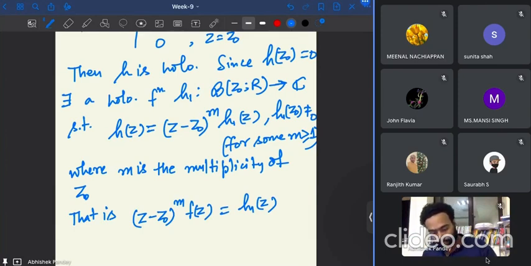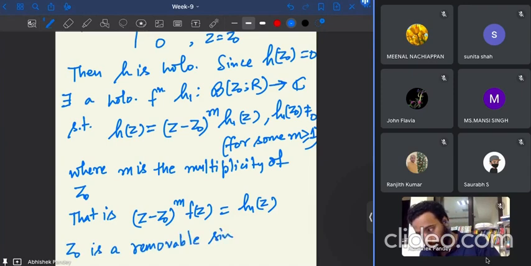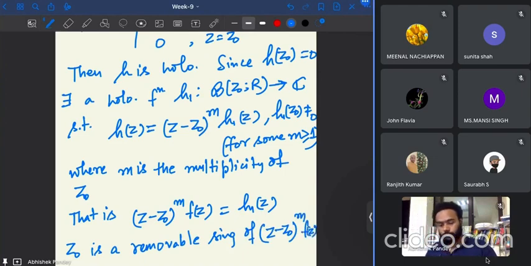It means that z naught is a removable singularity of (z minus z naught) to the power m times f of z. Earlier z naught was a pole of f. Now there is some m greater than or equal to 1 such that z naught is a removable singularity of (z minus z naught) to the power m into f of z.